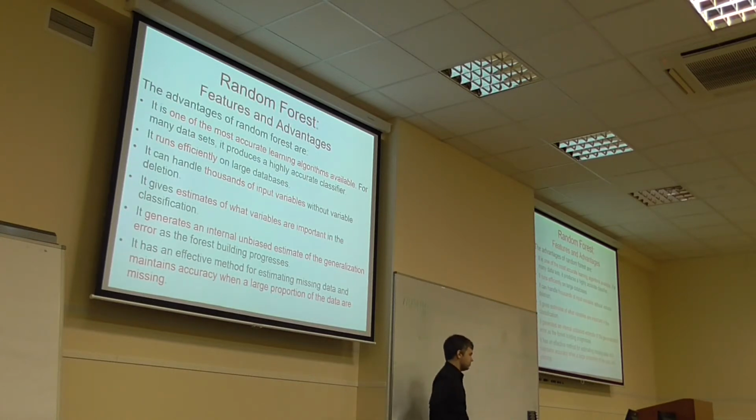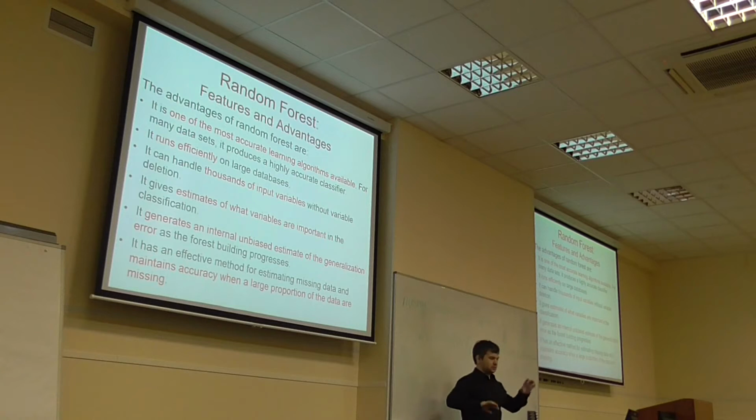It's one of the most accurate learning algorithms that are available now. It runs efficiently. You can handle thousands of input variables, so it doesn't really suffer from the curse of dimensionality, just because we still use trees, and each of these trees will have a subsample of features, a subset of features.